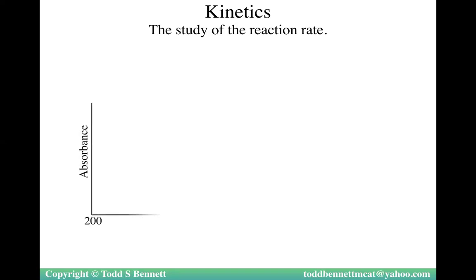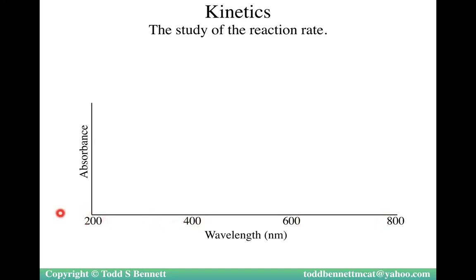For this one, I want to make sure we can figure out what kinetics are. And so we study kinetics by using spectroscopy at different levels. So different types of spectroscopy. One you're familiar with at this point is UV-Vis. Visible range is from 400 to around 750-ish. UV is below 200, but we typically start around 200 to 400 because that's where the majority of our bonds exist energetically.